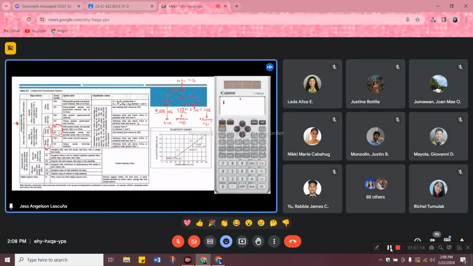Last time we introduced this. The statement for sands: for well graded, the CU must be greater than 6 and the CC must be between 1 and 3. If you do not meet either criterion, then it is considered a poorly graded sand, since both must be satisfied.